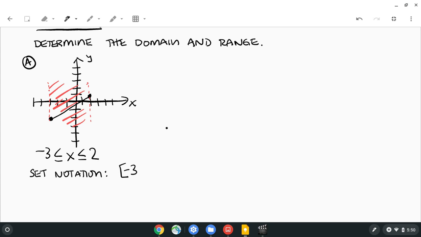Okay? And then we go all the way up to 2. And here we also have a bracket because it's less than or equal. These less than or equals always use brackets. If it had strict less than, not equal, then we would use parentheses. Okay? All right, so that's the domain.